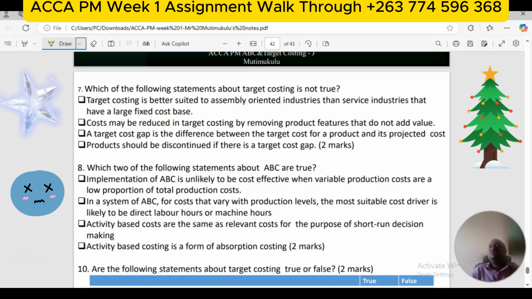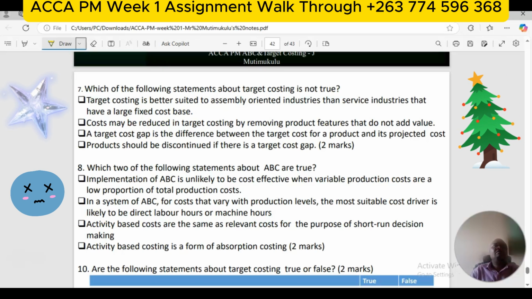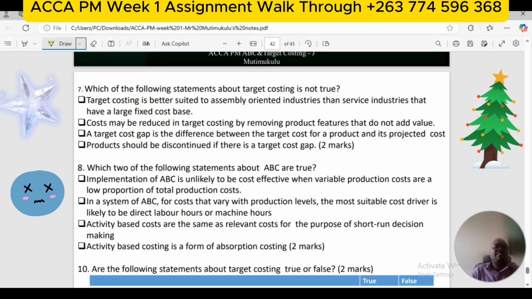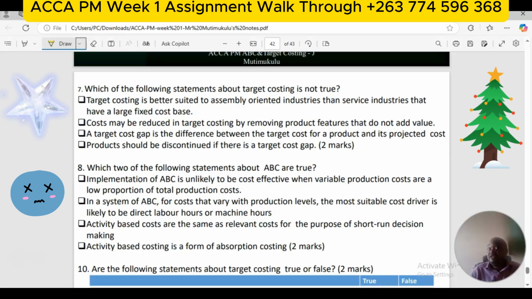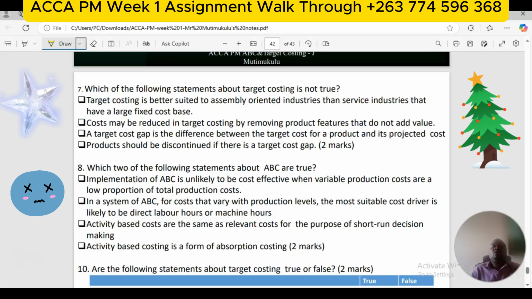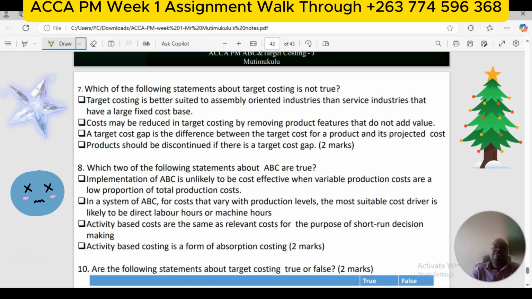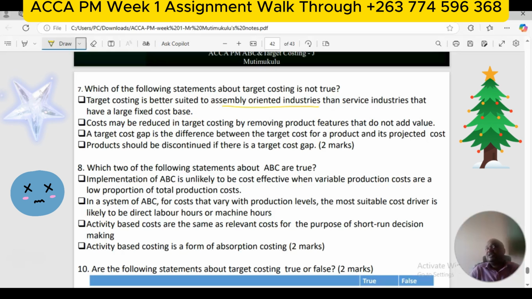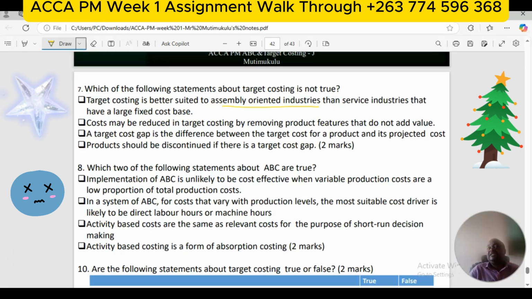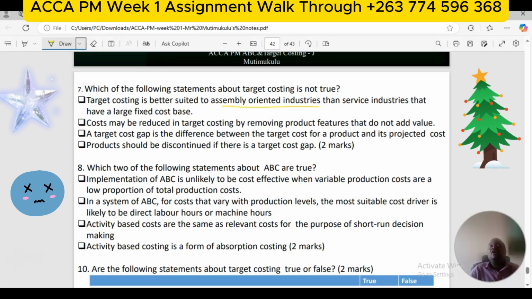Well, we also know in general the selling price, based on our understanding of costs in general. So this type of industries, assembly-oriented industries, they normally know their selling prices and their margins. So in that regard, they also have an idea of the target cost.